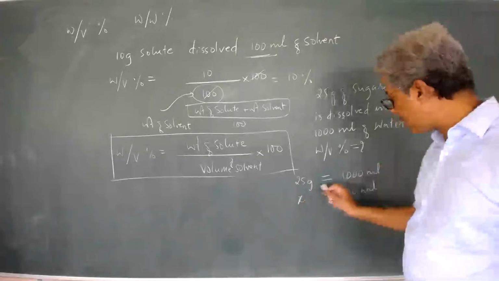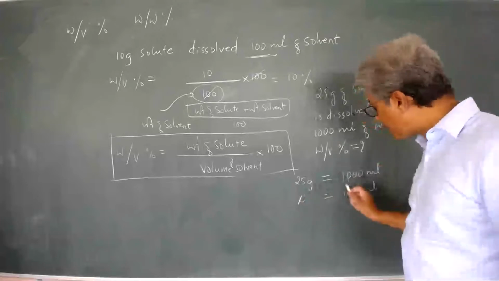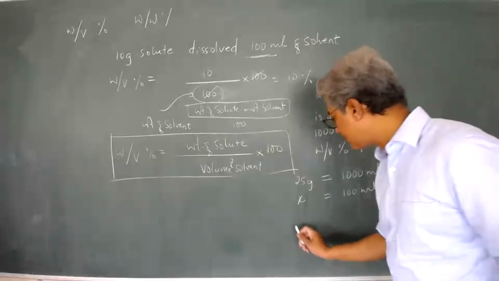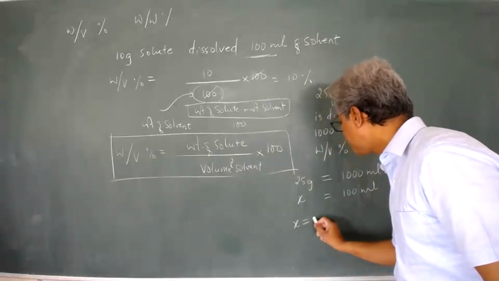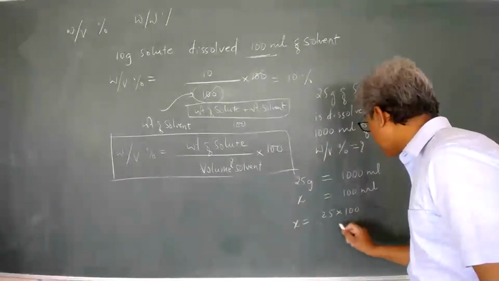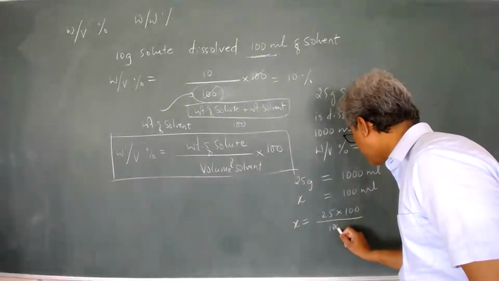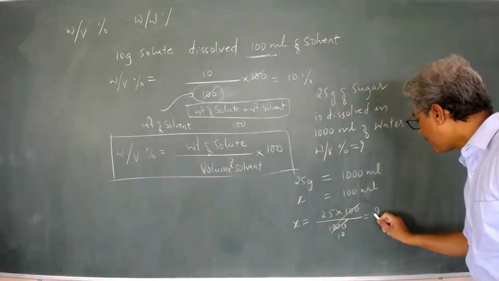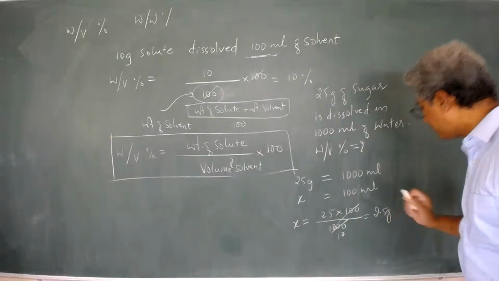That means weight of sugar per 100 ml, that is mass by volume percentage. Say x is equal to 25 into 100 divided by 1000. So this will be 10 and this will be 2.5 gram.